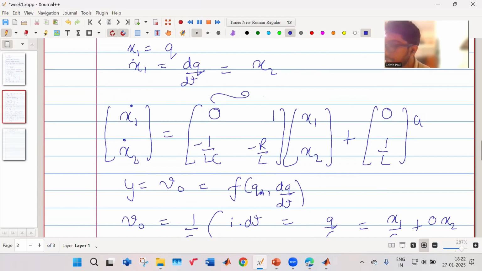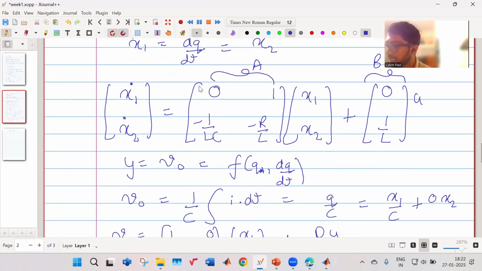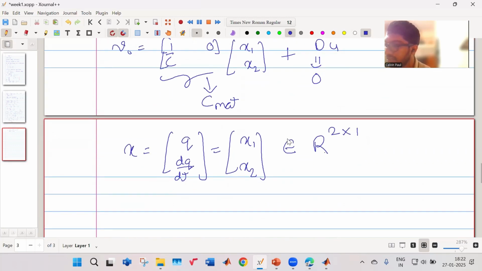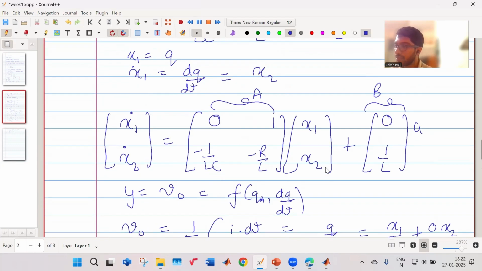Similarly, this is my A matrix and this is my B matrix. Okay. So my A matrix has 2 rows and 2 columns. Okay, so this is the dimension of A. If you see my B matrix, it has 2 rows and 1 column.